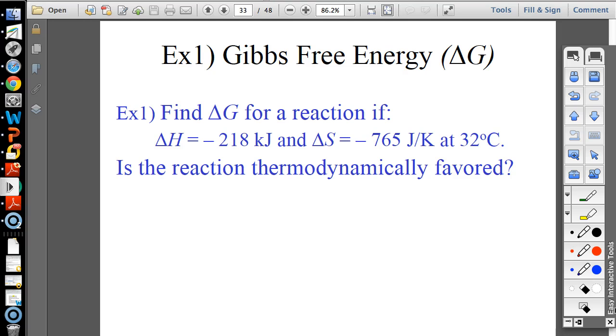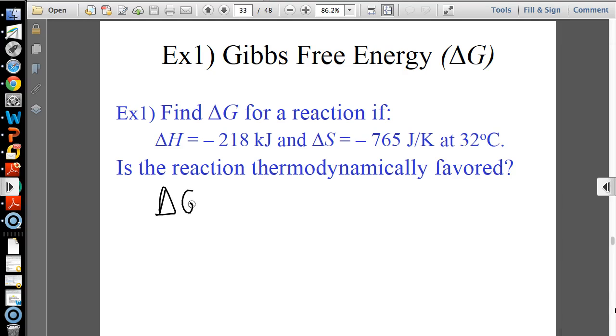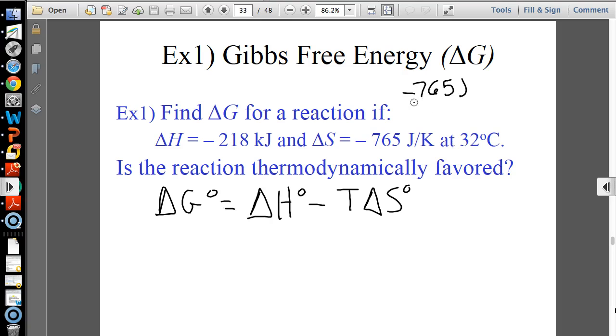Let's figure out which one comes first. I hear the calculators breaking out. I like it.